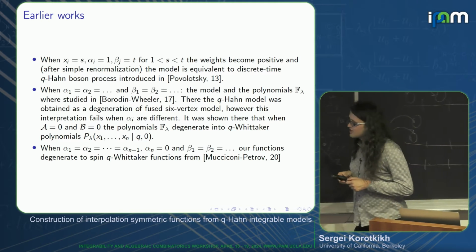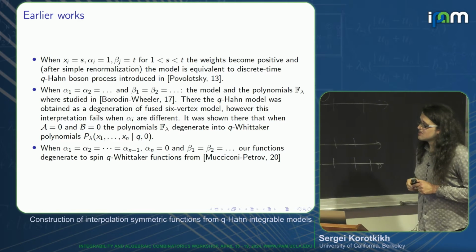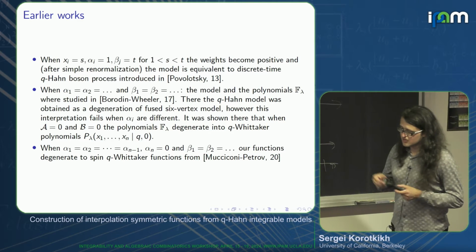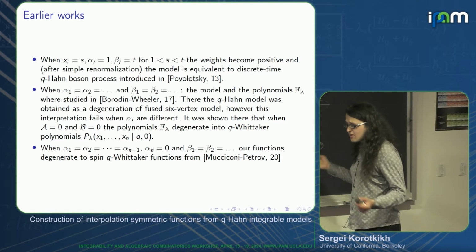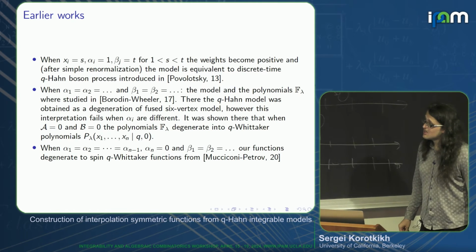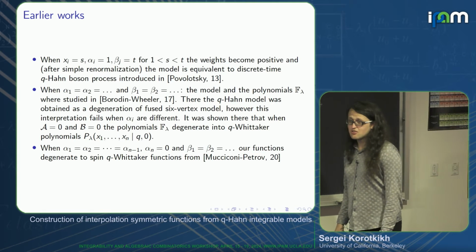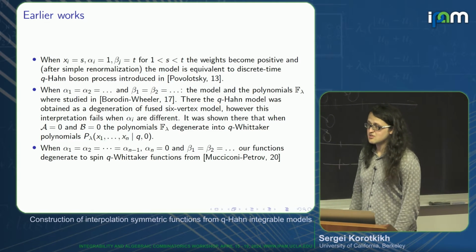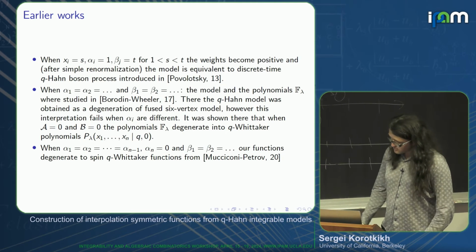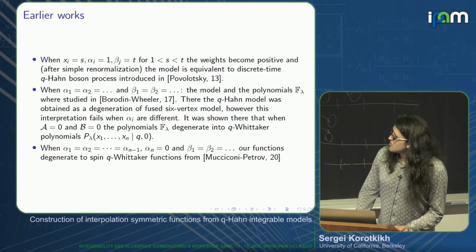It was studied by Matteo and Leo in the 2020s. They used their model to determine an alternative version of spin q-Whittaker functions, which, as it turns out, are all particular cases of these general functions depending on all these alphas and betas I defined on the previous slide. So okay, these are the earlier examples of this model.